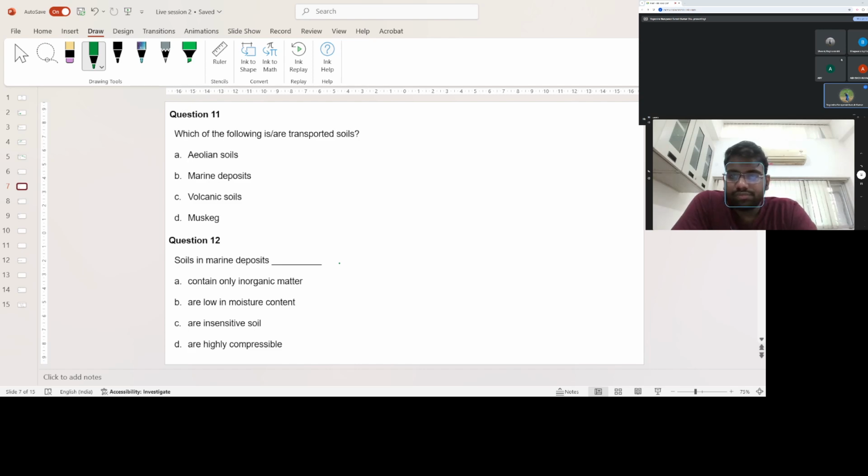Aeolian soil is transported soil. Volcanic soils are not that much transported, only within a locality of the volcanic source.